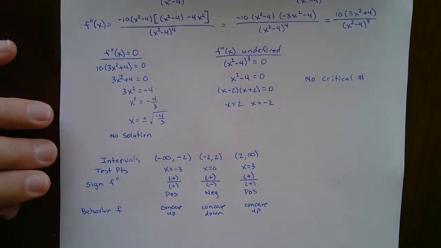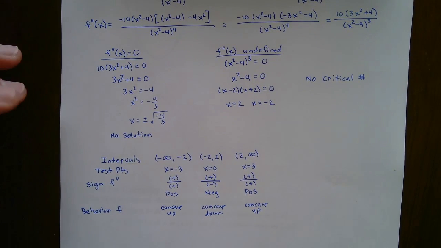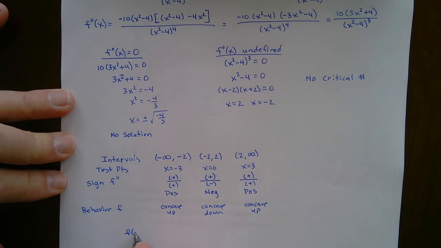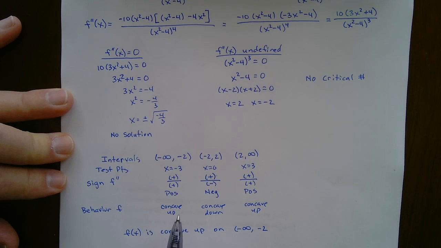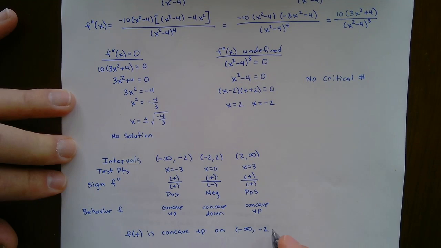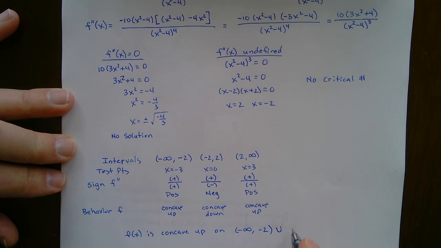All right. So what are the intervals on which it's concave up? So we would say f of x is concave up on the interval -infinity to -2. And we're not going to include -2 because the function doesn't exist at -2. Okay, so we're not going to include it this time. And then union, and then we're also not going to include 2 because 2 is not part of the domain.